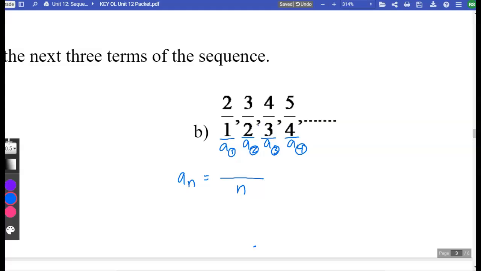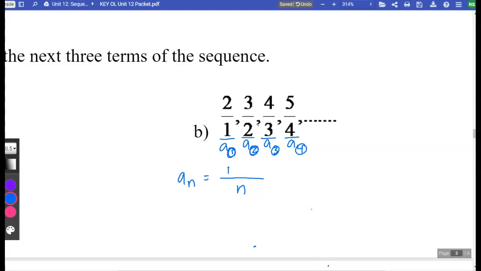Okay, so knowing that, how could we define the numerator? It is also increasing by 1 each time. What do you notice about the term's number versus what's in the numerator? It's not the same this time, but what do we do to the term number to get the numerator each time?